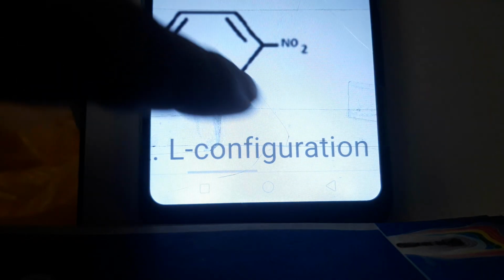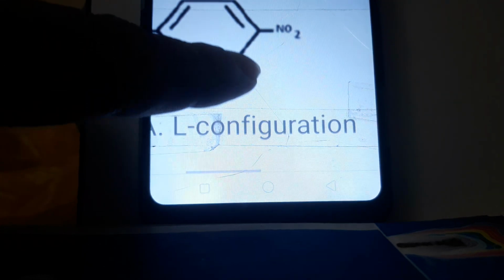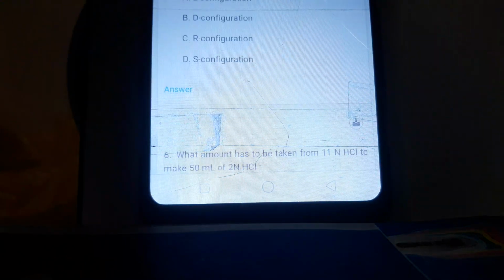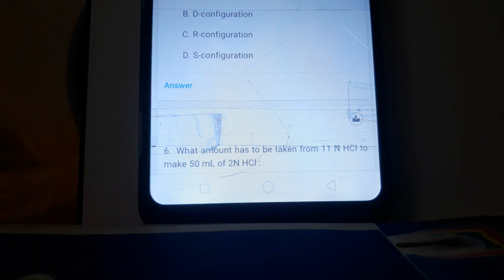CH3, a hexagon, and nitrogen dioxide. That's NO2. Nitrous oxide would be NO. Okay. Answers would be L configuration, D configuration, R configuration, and S configuration, right?